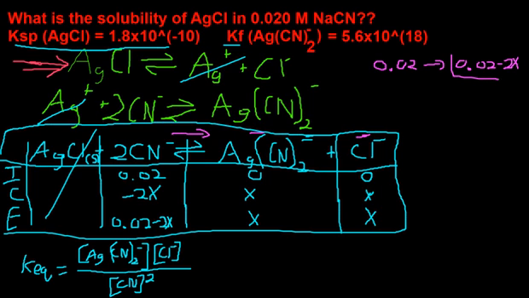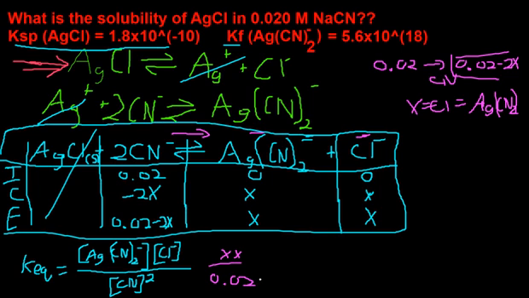So chloride equals our silver dicyanide, which is equal to x. Now we can relate our x values to one another. So up here we have x times x over 0.02 minus 2x, and then this is all squared.